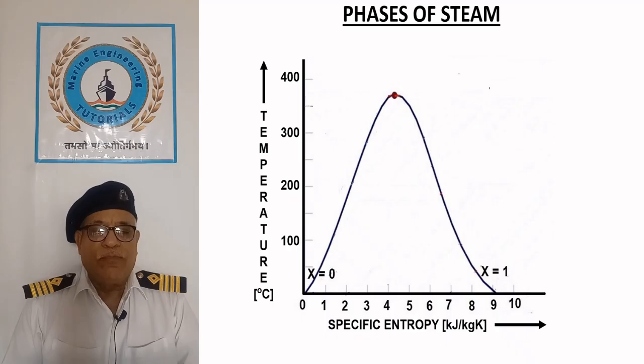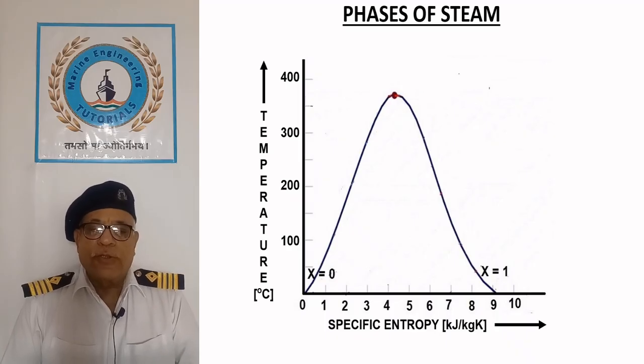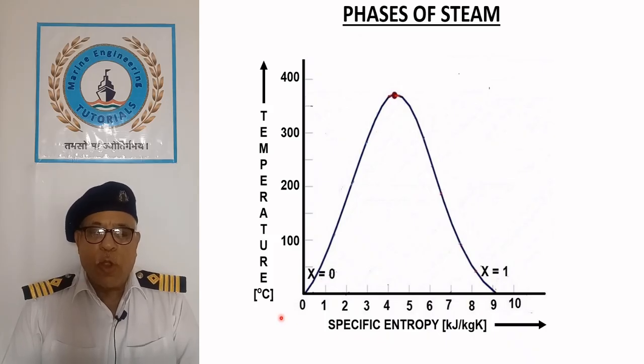Phases of steam. This sketch illustrates the different phases of steam on a temperature entropy diagram, where temperature is plotted on the ordinate or vertical axis and specific entropy on the abscissa or horizontal axis.